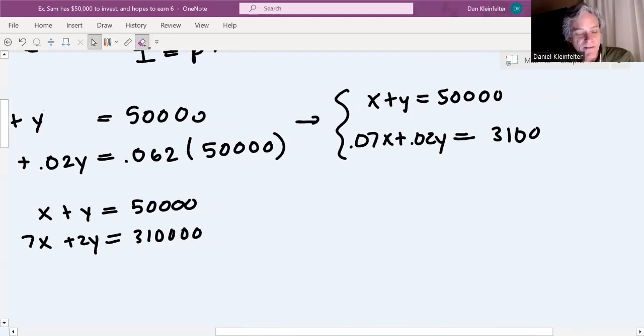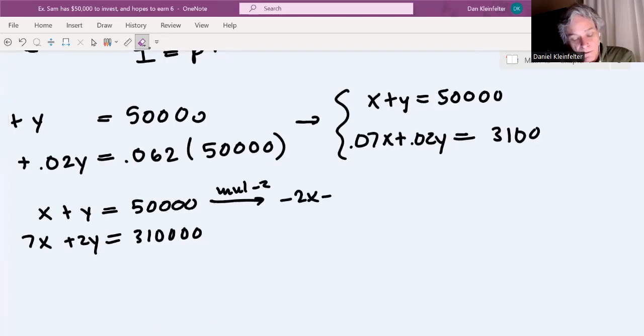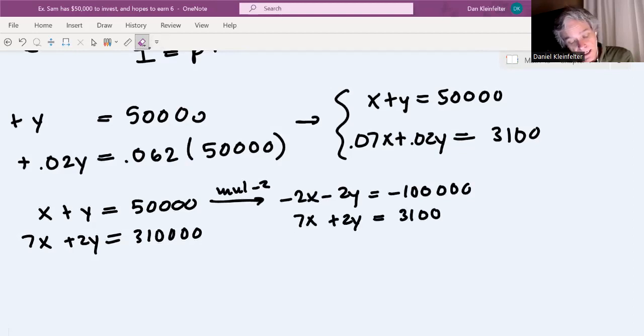So let's multiply that first equation by -2. So we'll have minus 2x minus 2y is equal to minus 100,000. Okay, our second equation is staying the same. That was 310,000, isn't it? Okay, so now we can combine our two equations.